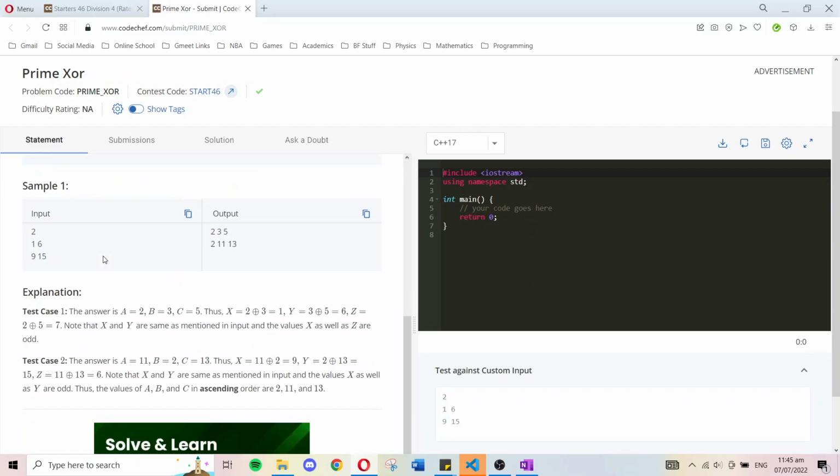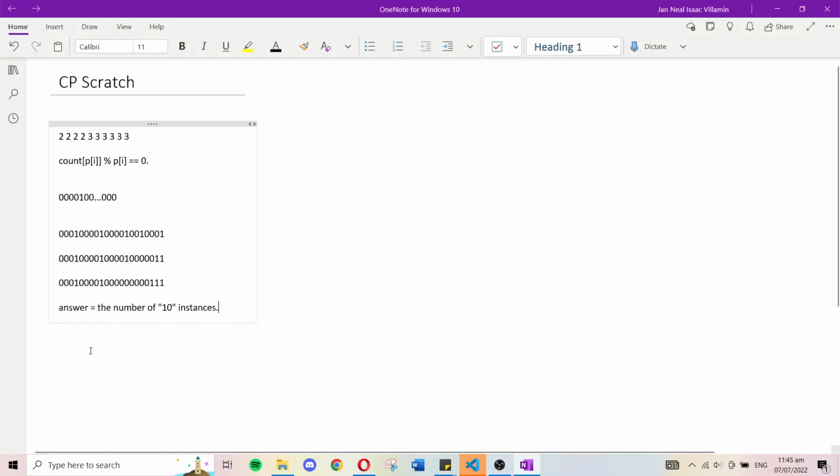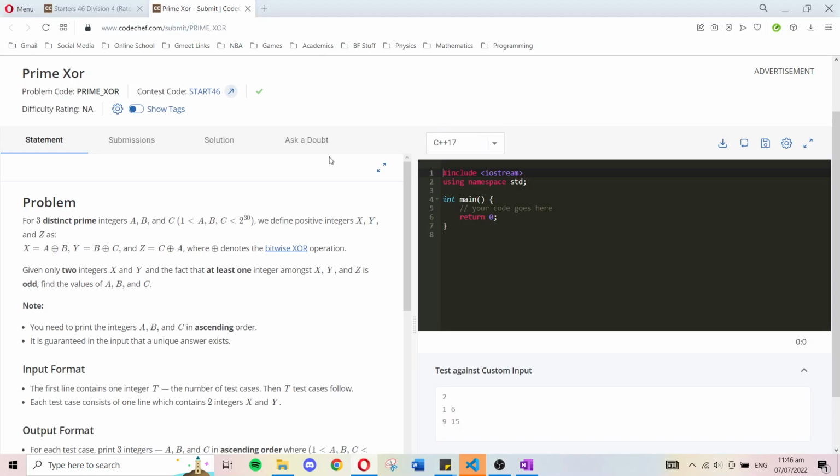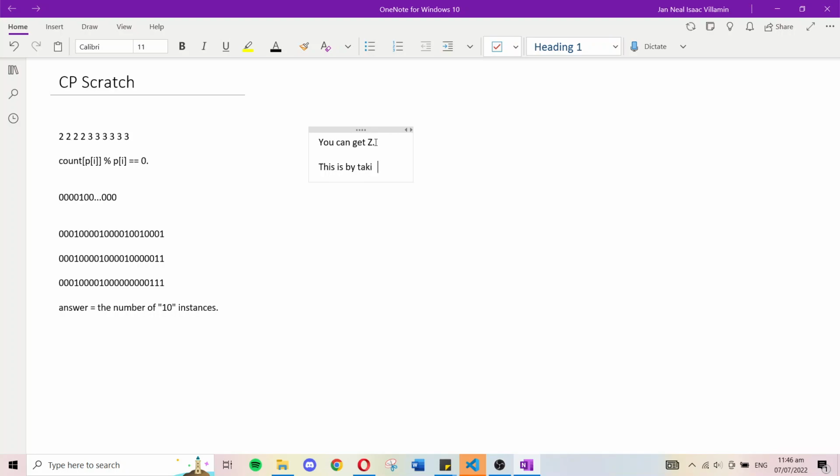First observation is that you can get z. This is by taking x XOR y. So why is this the case?